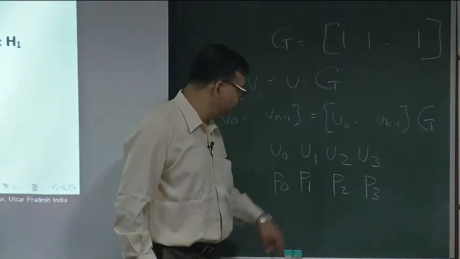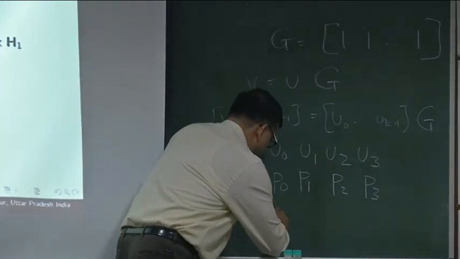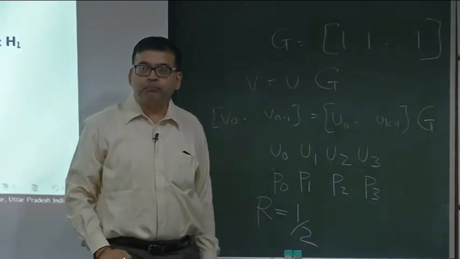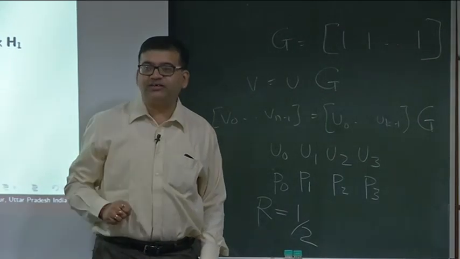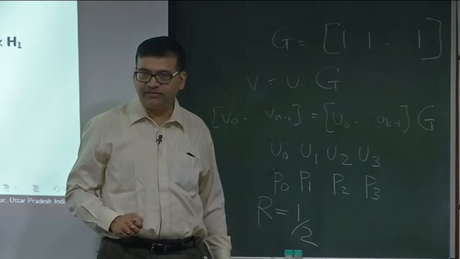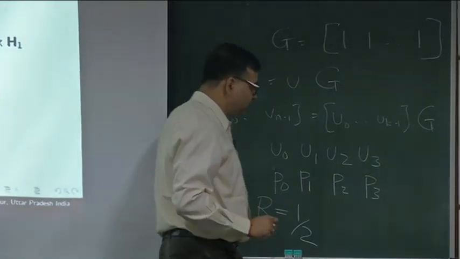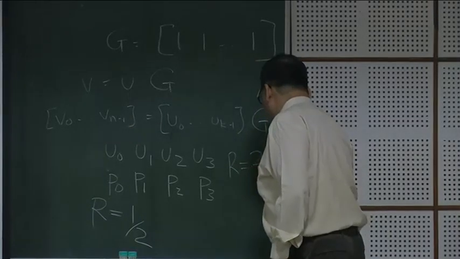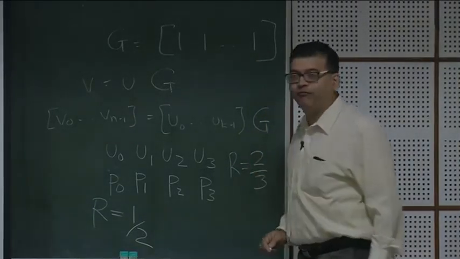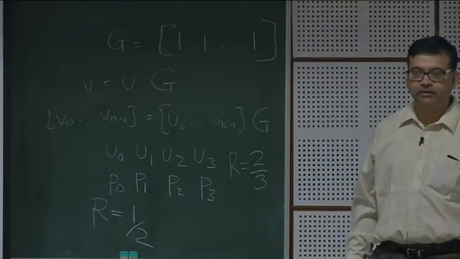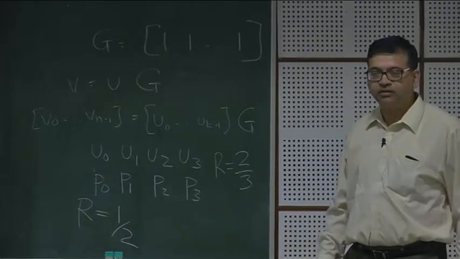So this is a rate half code. Now in puncturing what you do is you get rid of some of the parity bits to increase the rate. Let us say I ask you that I want a rate 2/3 code. So for 2 information bits I want only one additional parity bit. Then how will you do it?